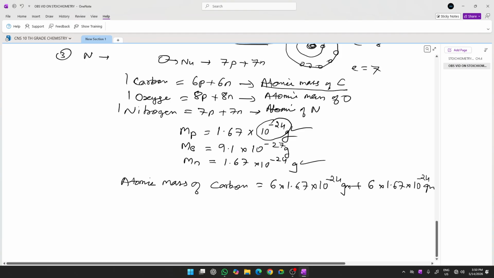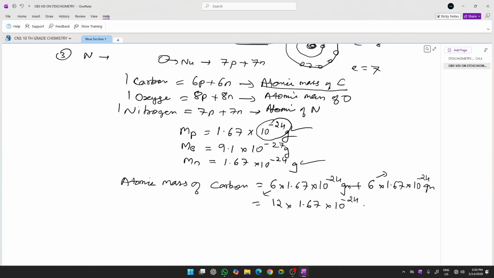Why have I repeated 6 two times? Because these are 6 protons and these are 6 neutrons. Now mathematically this will be 12 times 1.67 times 10 raised to minus 24 grams. Am I right? So this is the mass of one carbon atom.